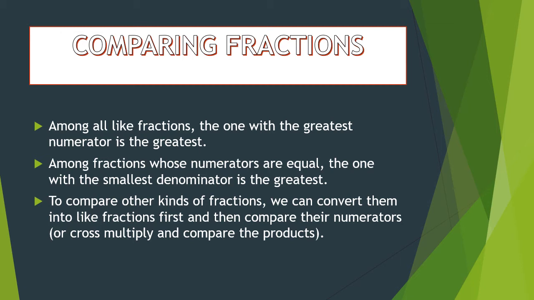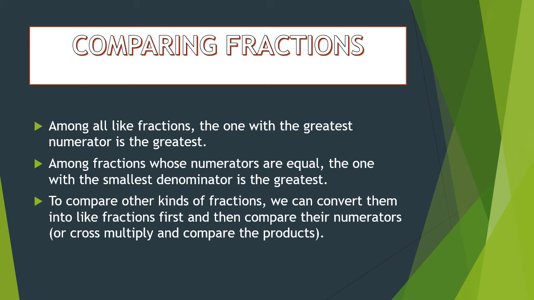This is the method which is to be applied when the denominators as well as the numerators are different. Another method, you just simply cross multiply and compare their products. So we can use all these given points in order to find out whether a given fraction is a greater one or a smaller one.